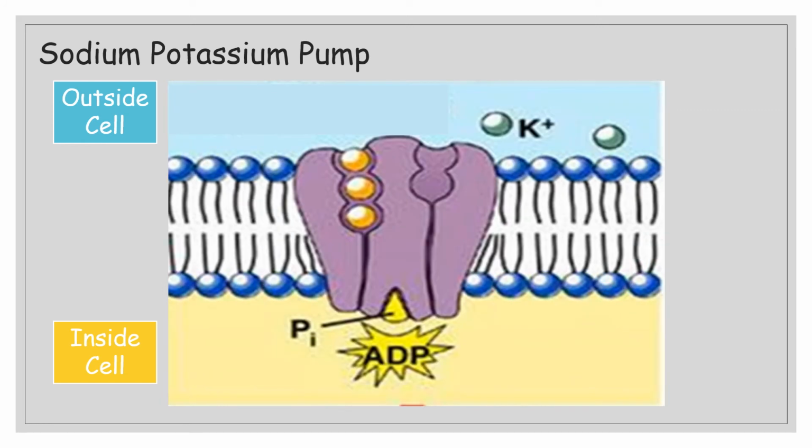This combination of sodium ions and ATP combining with the sodium potassium pump causes a change in shape, and you can see that our sodium ions are now moved up here, and we also now have a binding site available for the potassium ions, our K+ ions, which are hovering around on the outside of the cell.